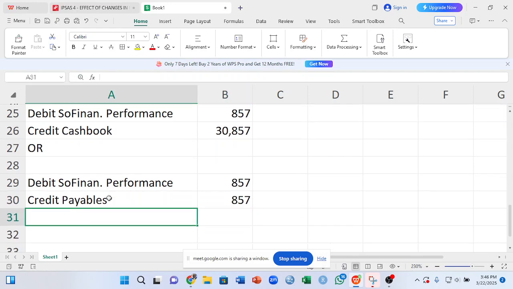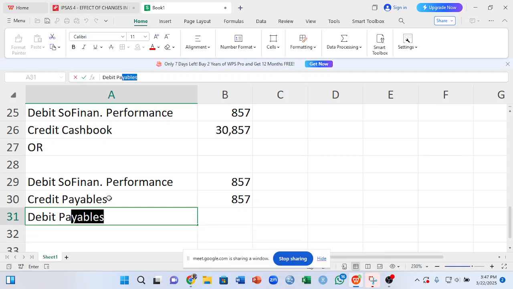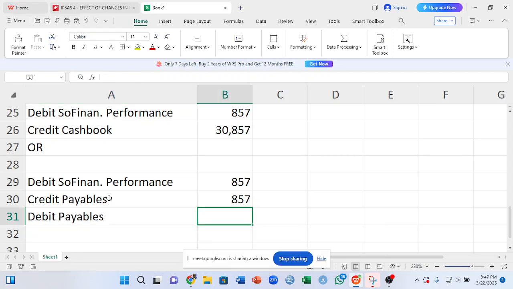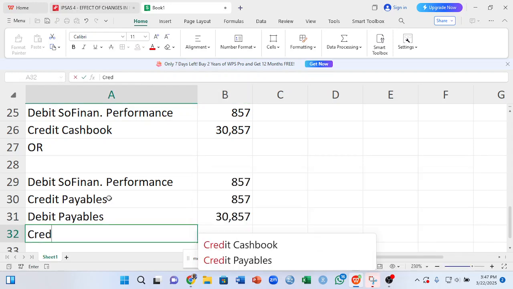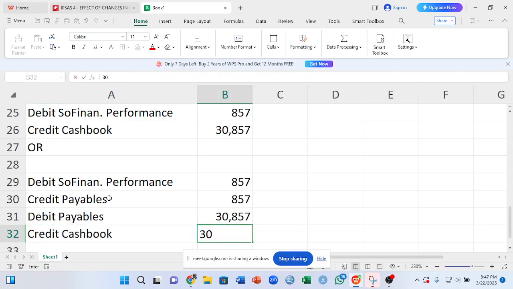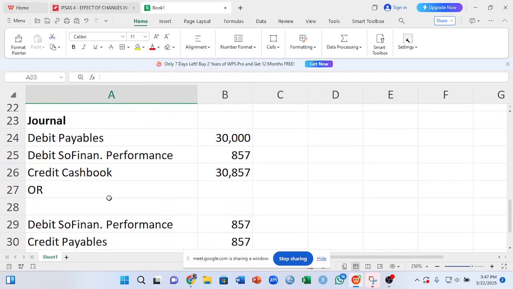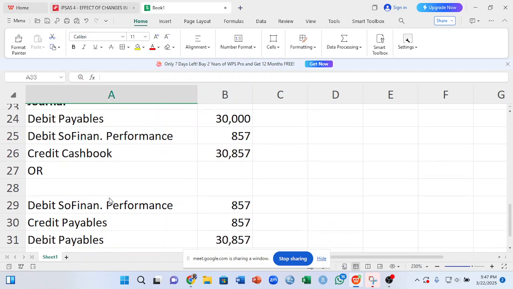And then you come and debit your payables with the total, which is now 30,857, and then you credit the cash book with 30,857. You understand? So either you go by the one at the top or the one down here.